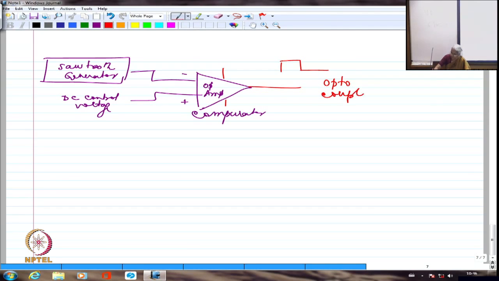In an optocoupler, internally there will be an LED, and there will be a phototransistor on which this light will be falling, at the phototransistor's base.